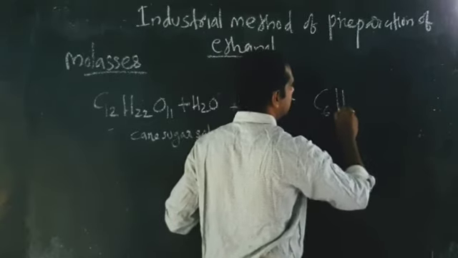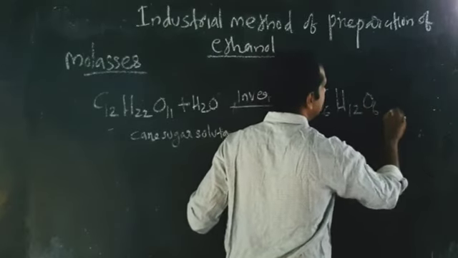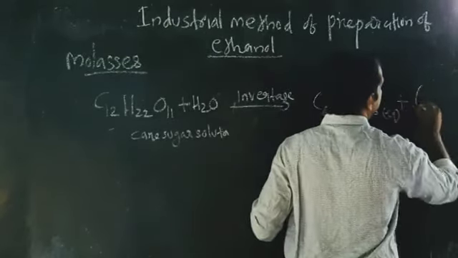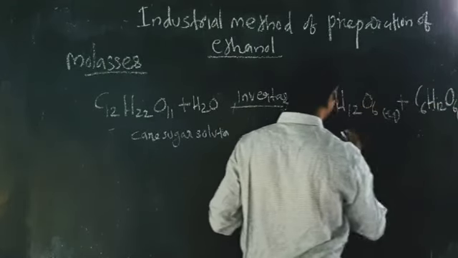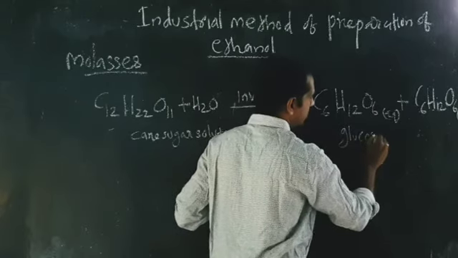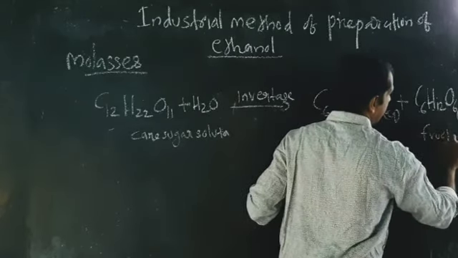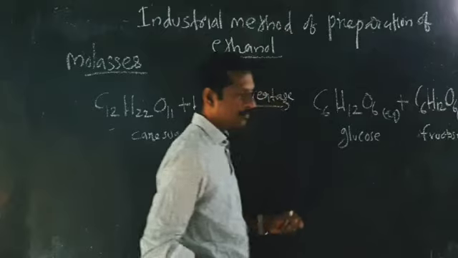That means C6H12O6 aqueous and C6H12O6 aqueous, that is glucose and fructose. This is the first step.